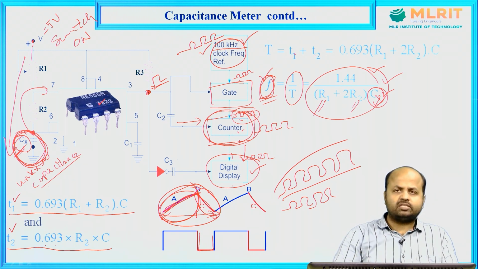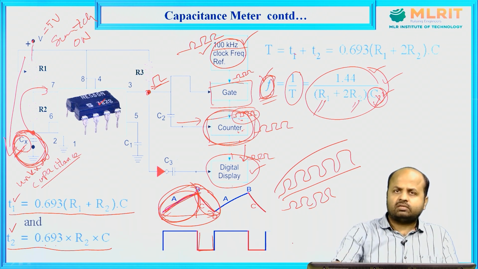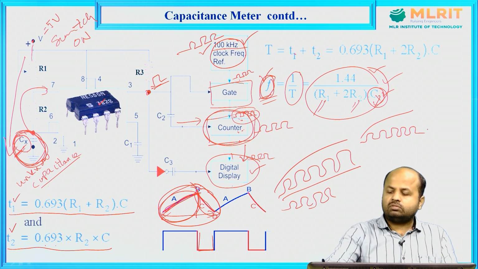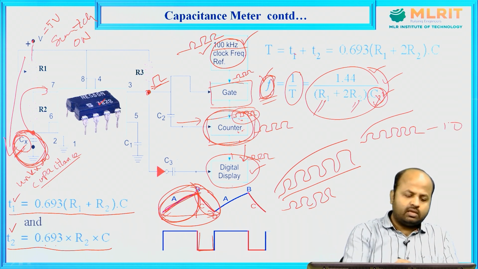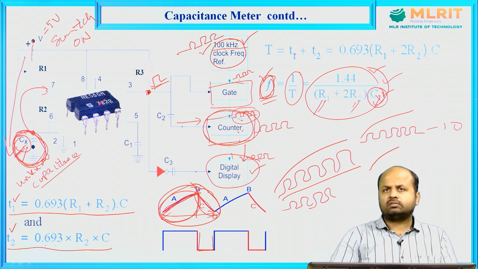Suppose the capacitance value is very large, more pulses will be counted, suppose 10 pulses. If the capacitance value is less, the charging time is also less, so fewer pulses are counted, suppose 5.